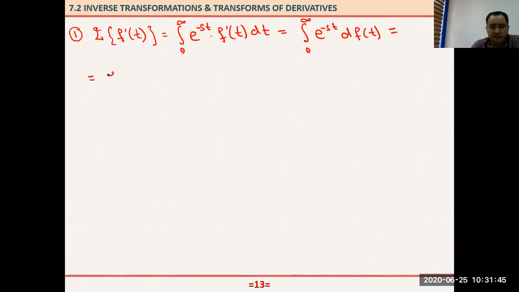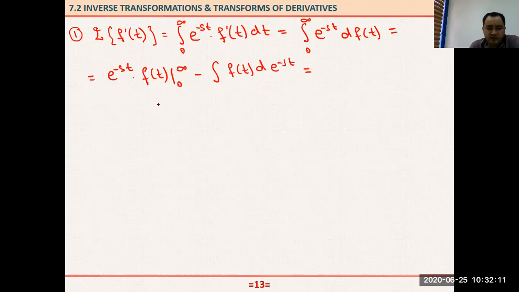Here we have e to the power minus st times f of t, evaluated from 0 to positive infinity, minus the integral of f of t d e to the power minus st.